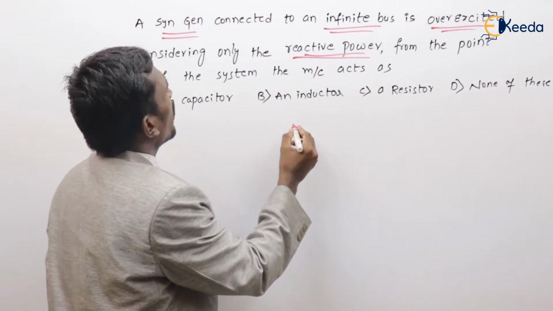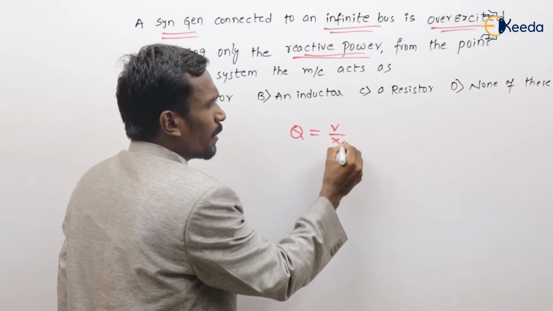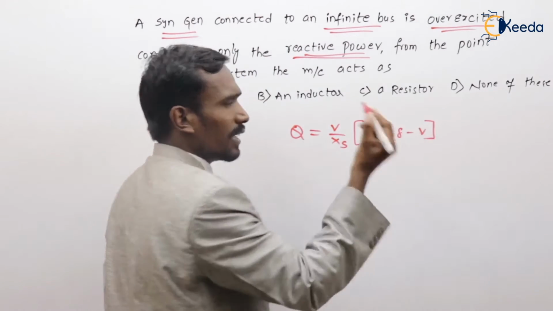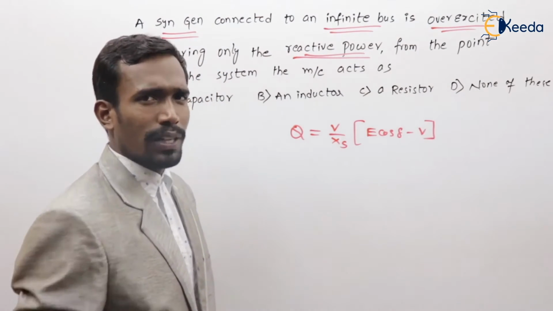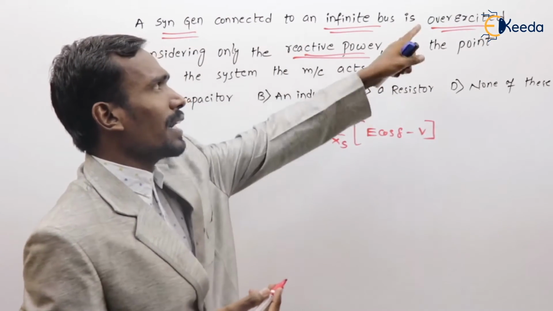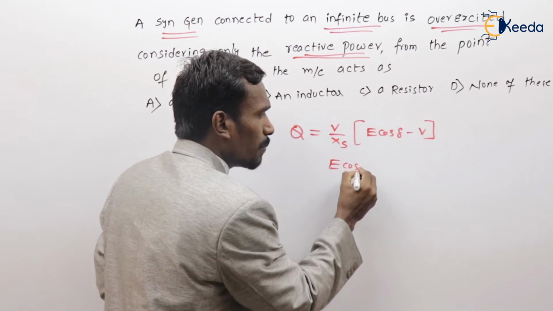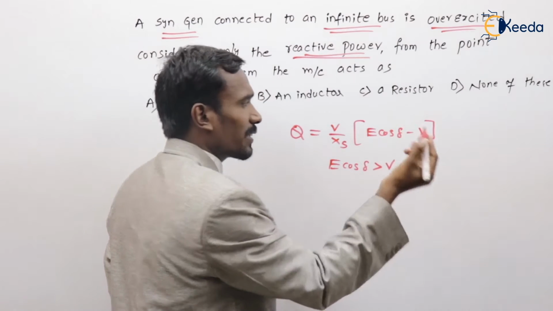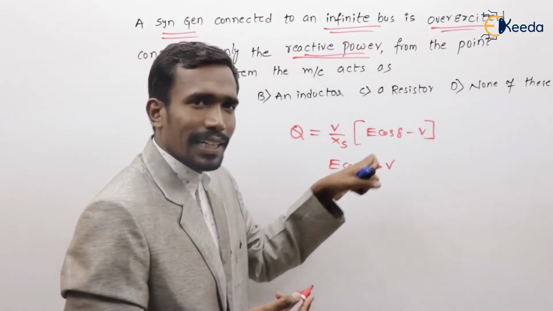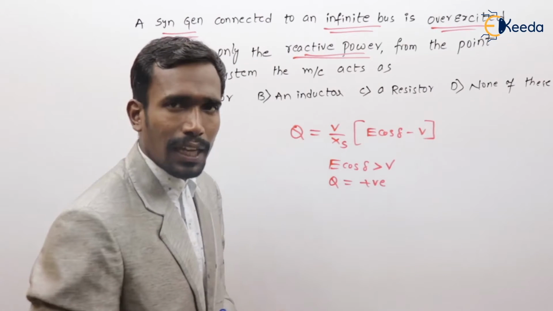Generally for a synchronous generator, reactive power is equals to V by Xs into E cos delta minus V. Actually, this is the reactive power for our generator. When this is connected to an infinite bus bar and overexcited, nothing but E cos delta is greater than V. When E cos delta is greater than V, our Q is positive.